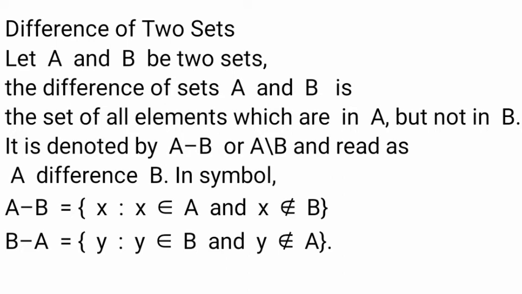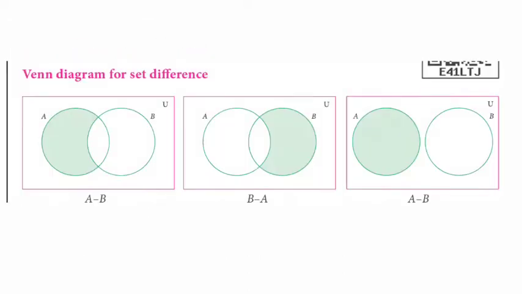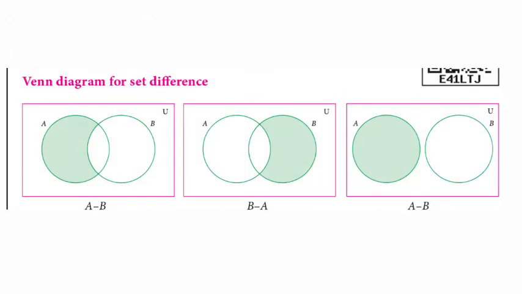Here the first set is B, therefore y belongs to B and y does not belong to A. Can you understand?